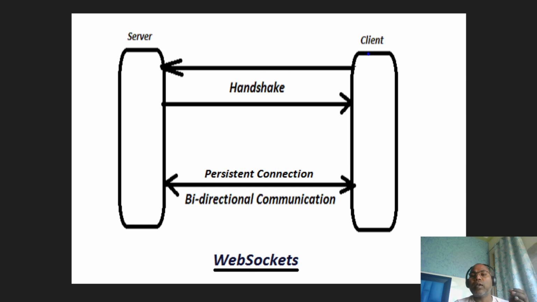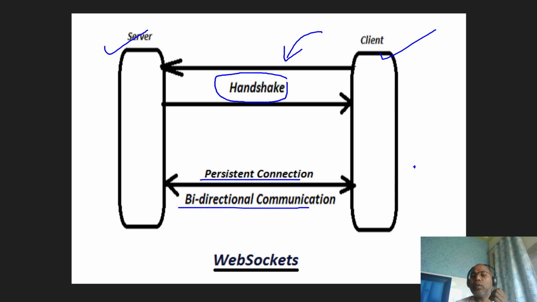In the basic architecture, here is our client, and this is the server component. The client first makes a handshake, the initial activity in the WebSocket, and then the WebSocket connection is established. Once the WebSocket connection happens with the handshake, this connection becomes a persistent and bidirectional connection.